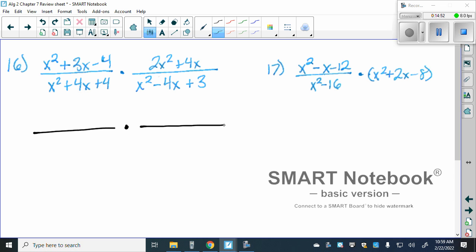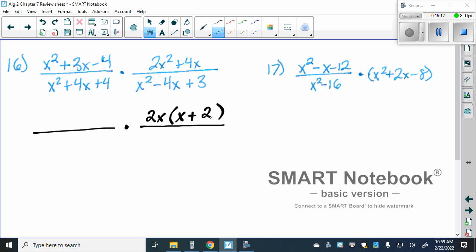So looking at these 4 polynomials, I'm going to factor the 2x squared plus 4x first, because they both have a greatest common factor of 2x. So if I factor that out, 2x out of 2x squared leaves me with a single x plus 2.